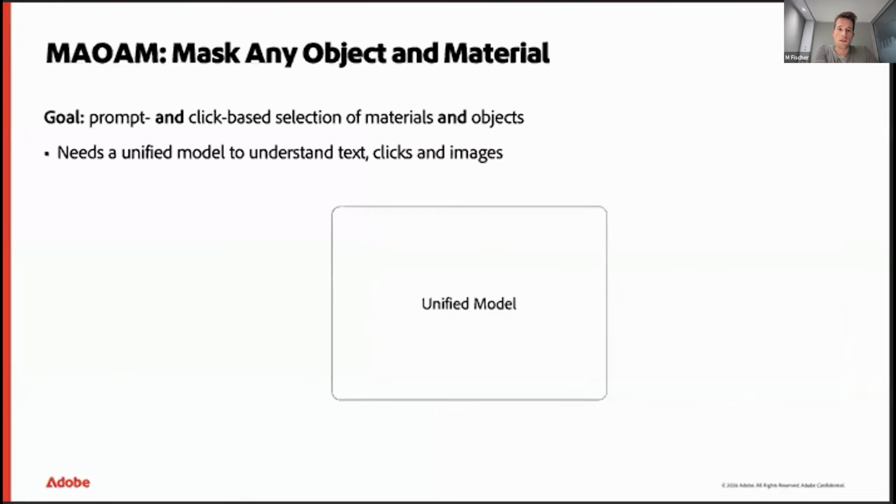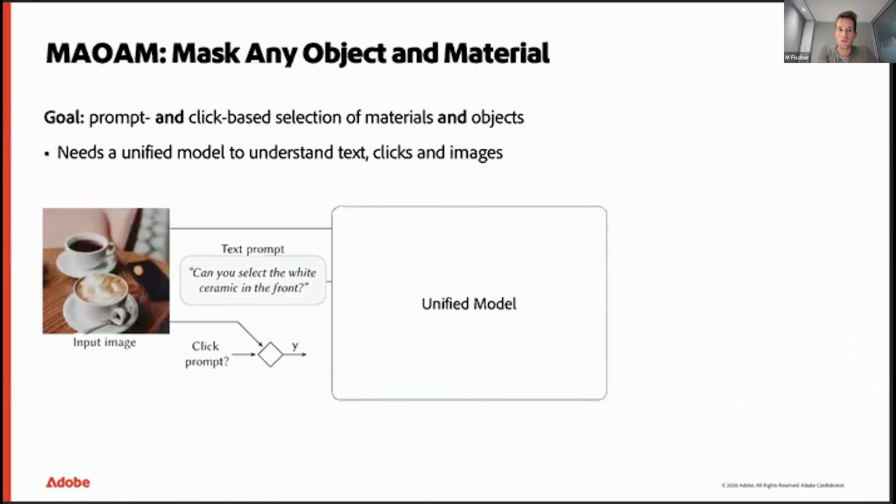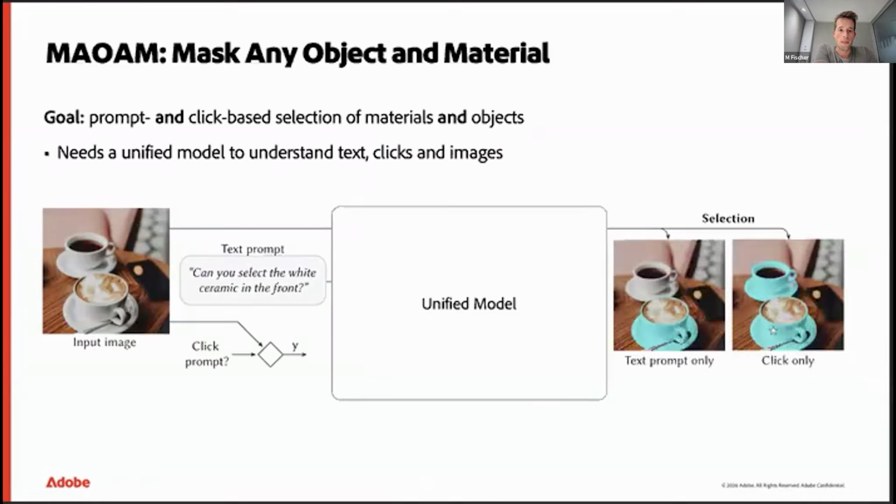When I say a unified model, that means we need a model that can understand text, clicks, and images. And of course, as everybody does now, we use the VLM to do this. A VLM can understand images, reason about images, and also understand text. And there are some tricks to make it understand clicks.